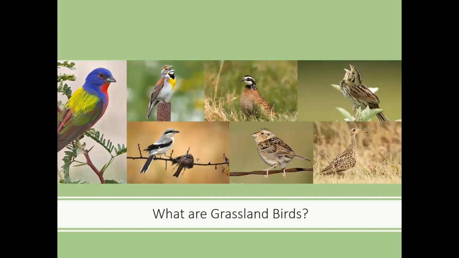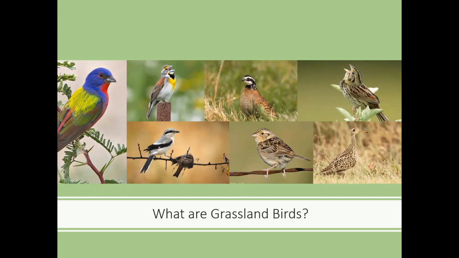So as we get started here, I think it's probably important that we talk about what are grassland birds. For the purposes of this presentation, and this is debatable, and we could have a lot of contextual discussion about semantics, we're going to consider grassland birds as species that depend on and select for habitat where the dominant characteristic plant community is grasses and their associated herbaceous cover, so forbs and grasses, and their associated shrubs here and there in various configurations.